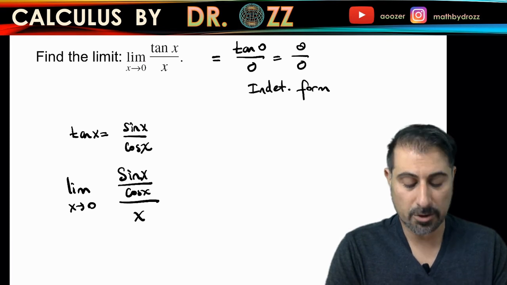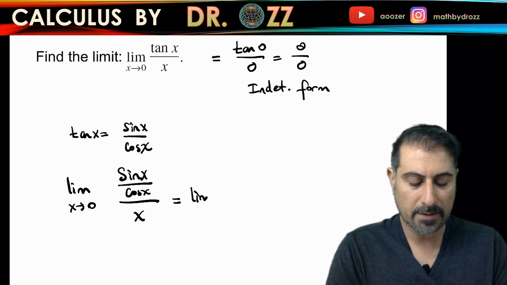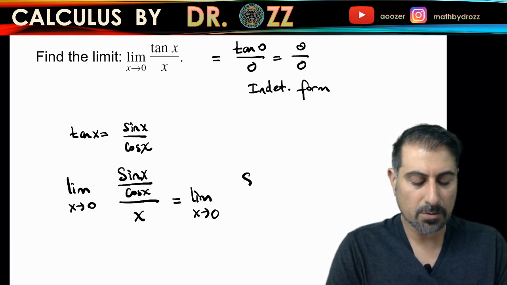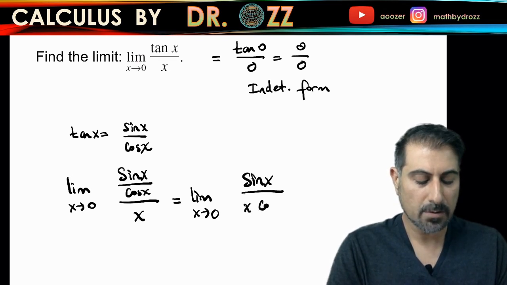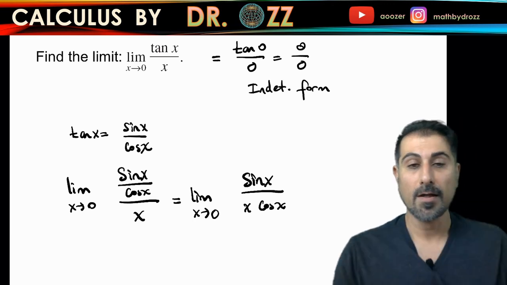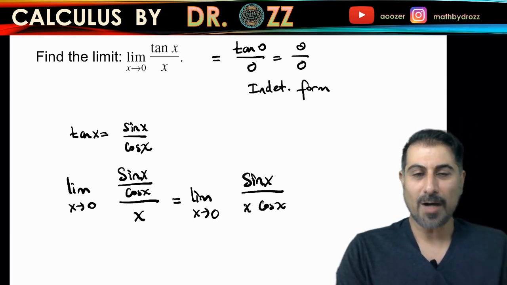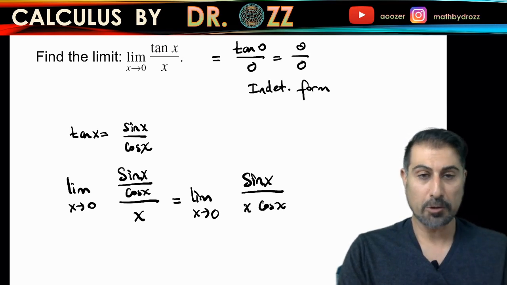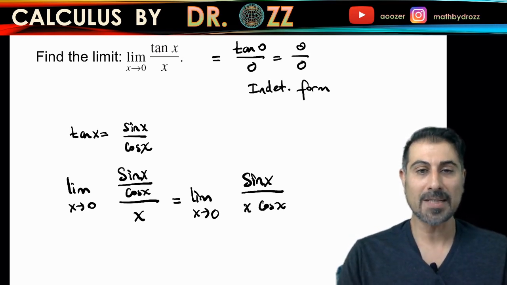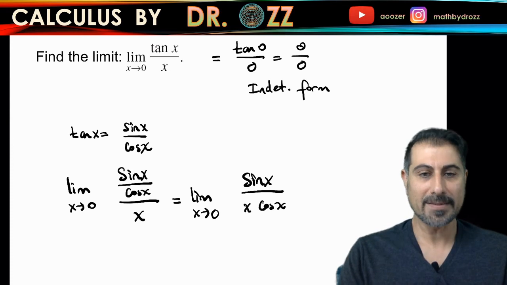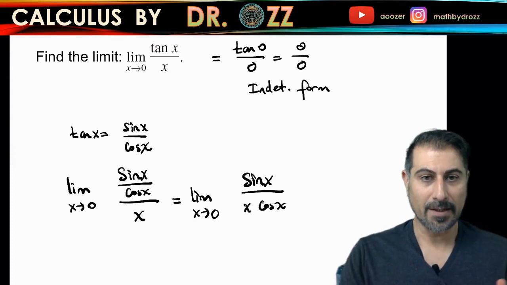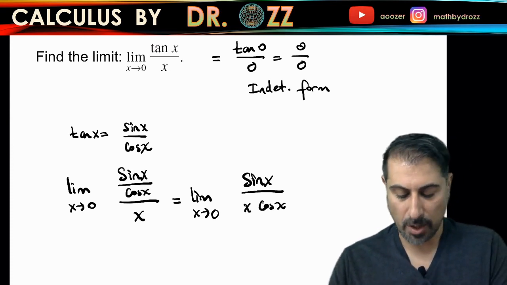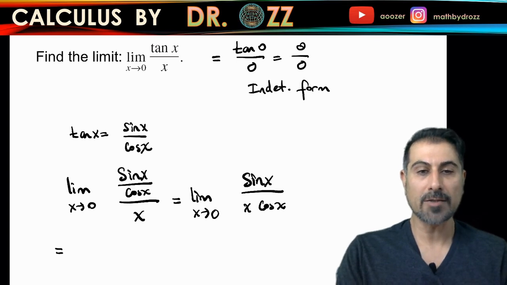Using algebra, we can say that this limit is equal to sine x over x times cosine x, in the denominator. Now I'm going to try to isolate sine x over x from 1 over cosine x because I know the limit of sine x over x as x approaches 0 from the previous slide. That was 1.